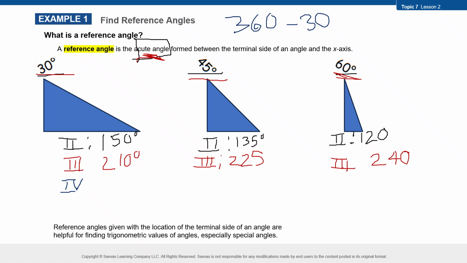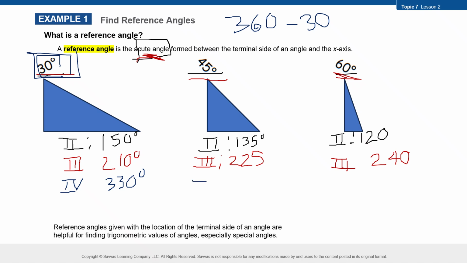And again, I'm just taking that acute angle, which is the angle that's important to me, to get 330. And 330 has a reference angle of 30 degrees. All right.